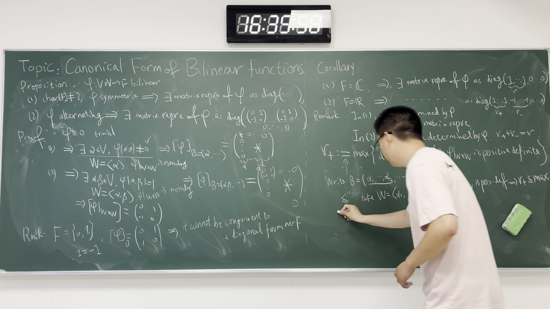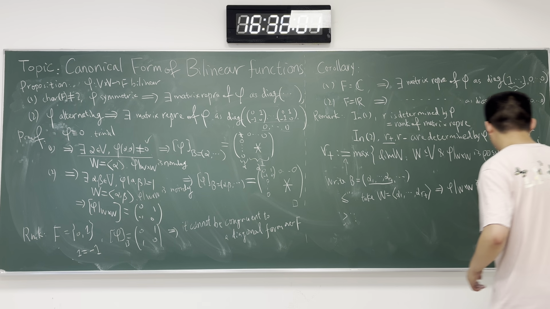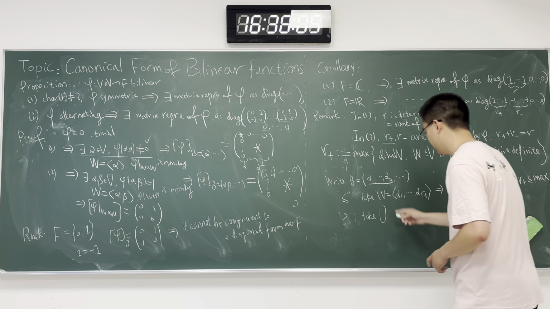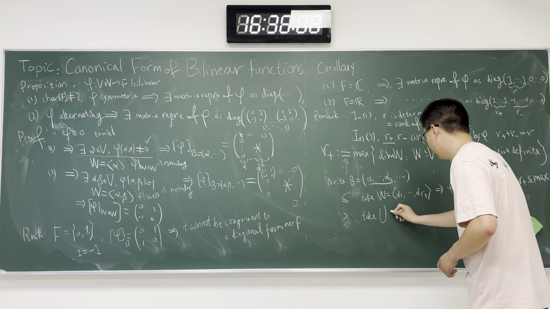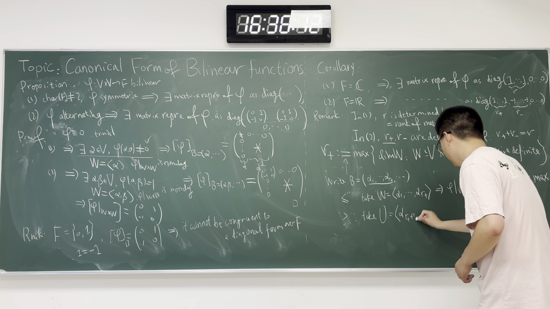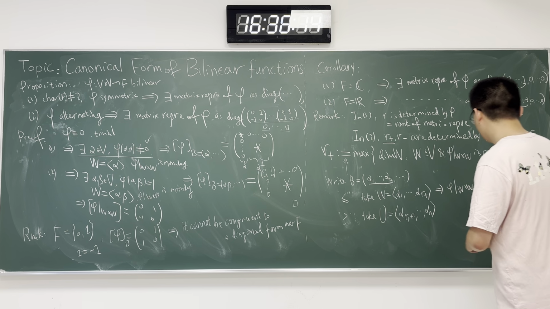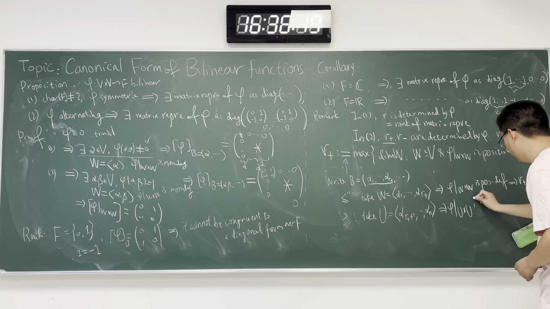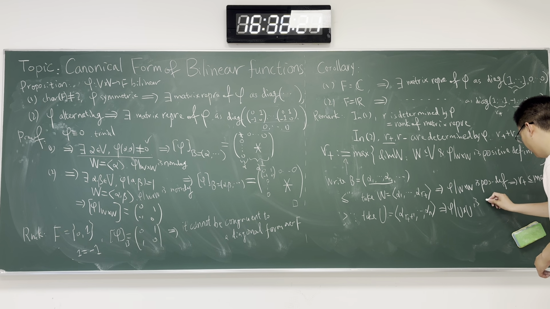Conversely, take the complement of the preceding subspace W, say U spanned by alpha r plus plus 1 to alpha n. Then it is clear that phi restricted to this subspace is semi-negative definite according to its canonical form, since the diagonal part is just minus 1 and 0 here.